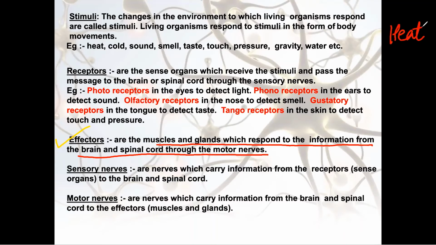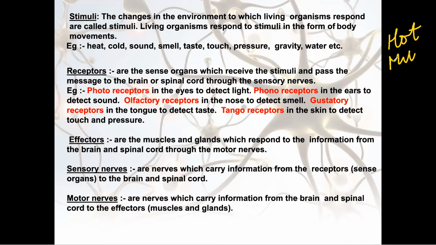If it's too hot, then our skin, or our body, is going to detect this heat. Let's assume we have touched a glass of hot milk.